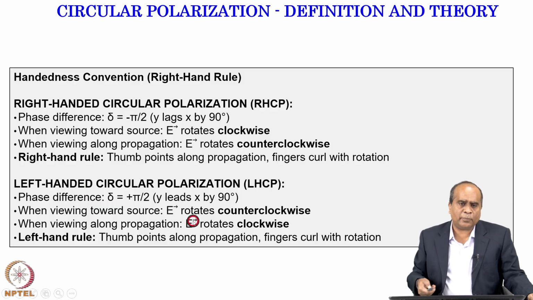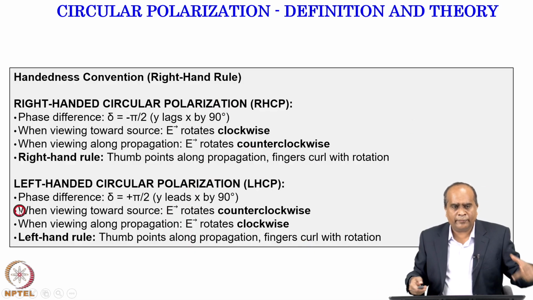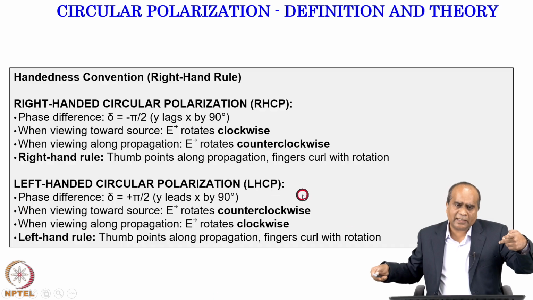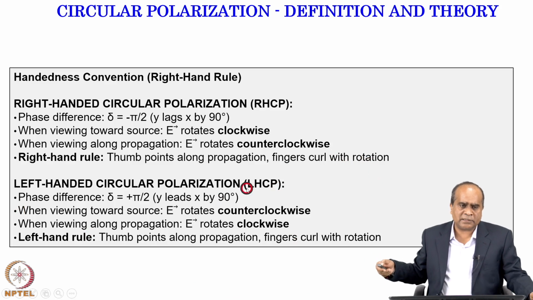In the left handed polarized light, the phase difference is plus 90 degrees. So, y leads x by 90 degrees. Now if we view towards the source, the E vector rotates counterclockwise like this, and when viewed along propagation we see it rotates clockwise, and here again we have a left handed rule.